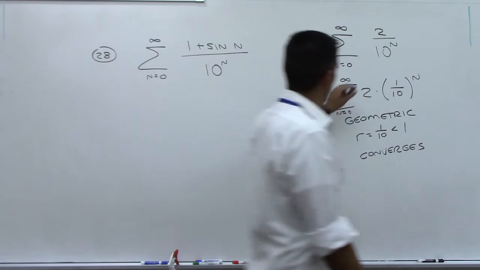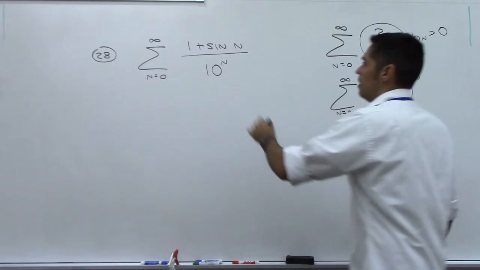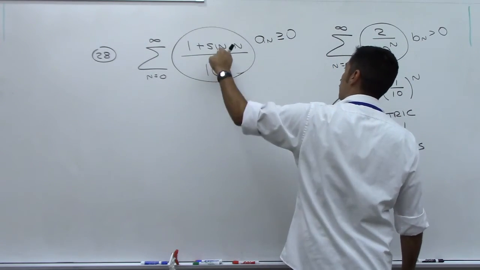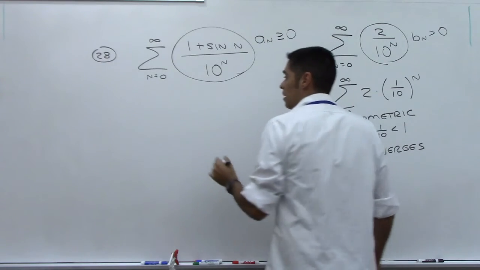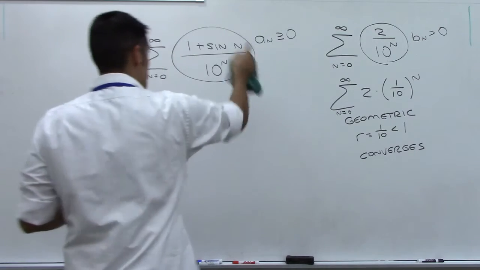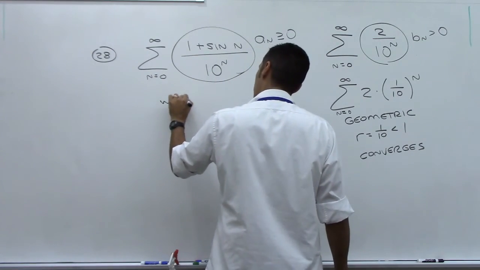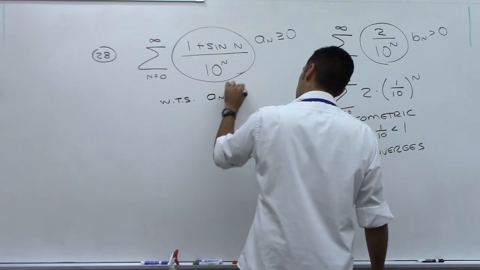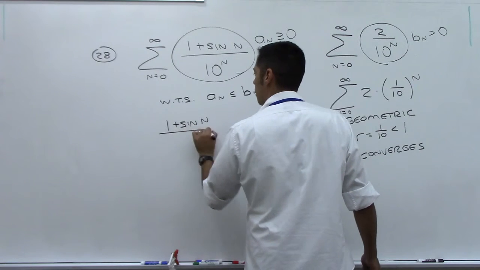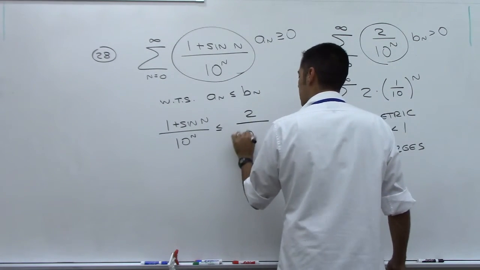What I need to do is compare this b sub n, which is greater than 0, to this right here, which is greater than or equal to 0, could actually be 0. So I have to include the equal there. And since that converges, I want these to be smaller than or equal to those. So I want to show that my a sub n's are less than or equal to my b sub n's. So I want to show that 1 plus sine n over 10 to the n is less than or equal to 2 over 10 to the n.